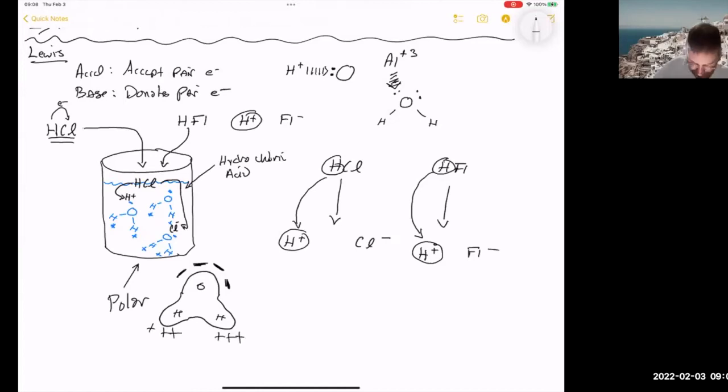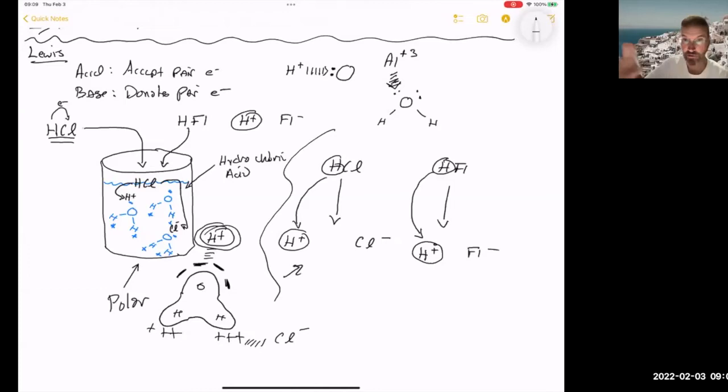So when the hydrogen chloride gets dissolved, the hydrogen ions are attracted to the oxygen part of the water, and the chloride ions are attracted to the hydrogen part. But it is the fact that the hydrogen chloride is breaking down and giving off hydrogen ions that makes it an acid.